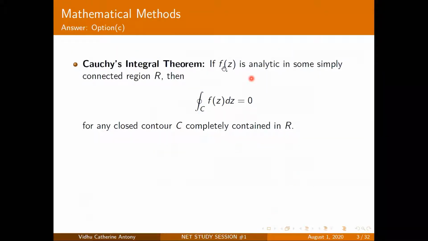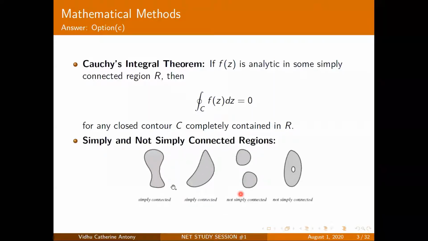So if your function f of z is analytic in some simply connected region, let me brief you on what a simply connected region means. These are regions which can be shrunk to a point. You can take the region's boundary and shrink it to a point, and those are called simply connected regions.